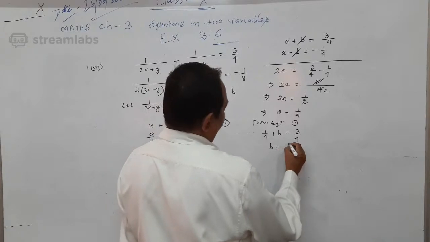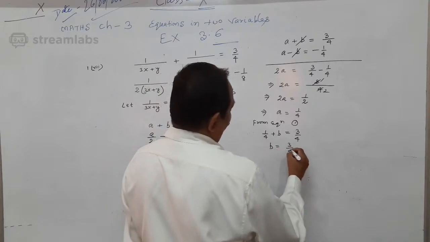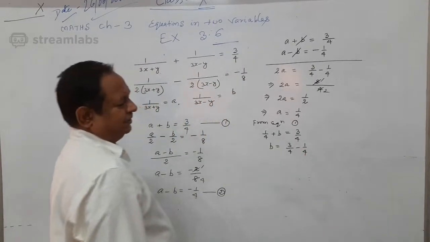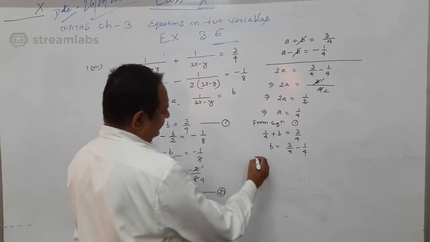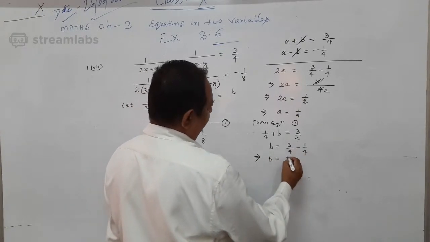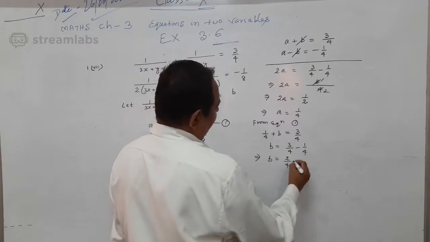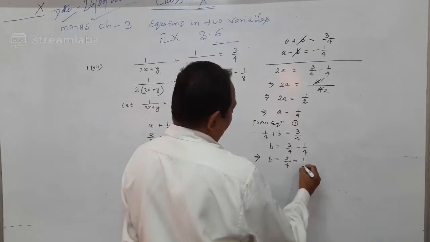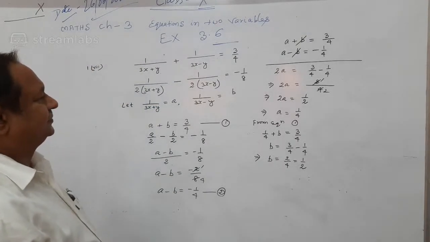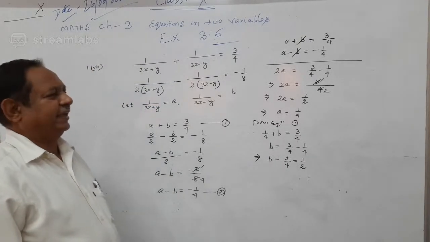So b can be written as 3 by 4 minus 1 by 4. This implies that b is equal to 3 minus 1, that is 2 by 4. In simplest form, it is 1 by 2. This is the value of a and b.